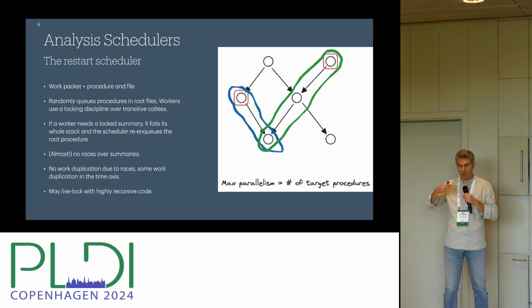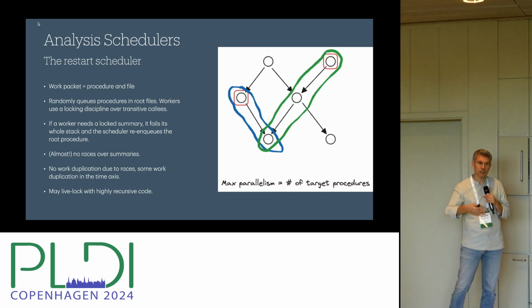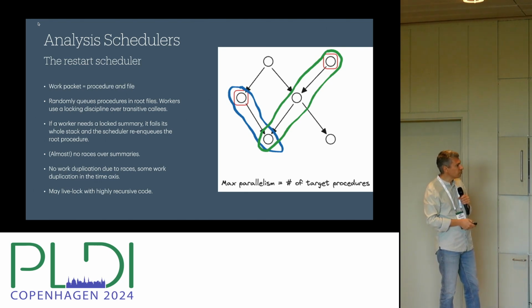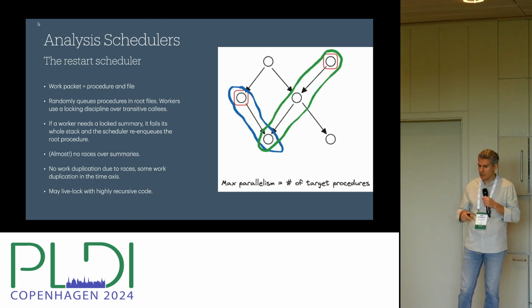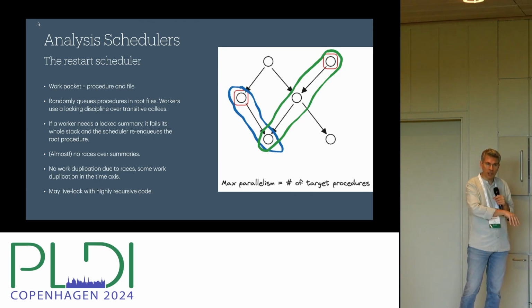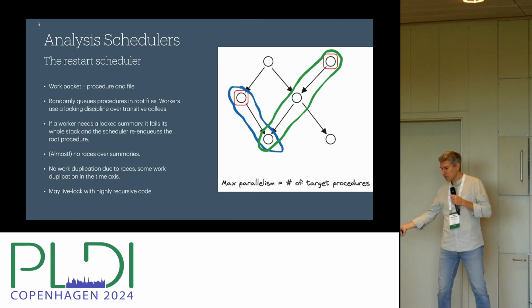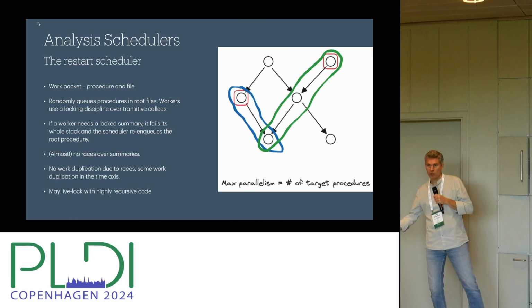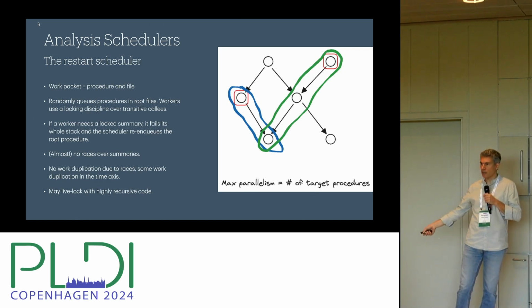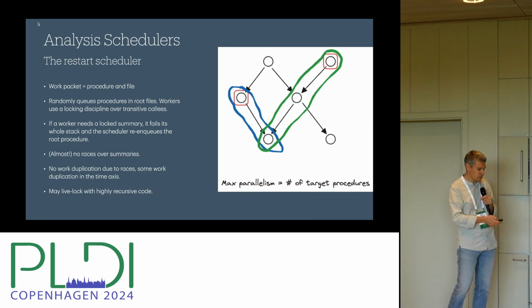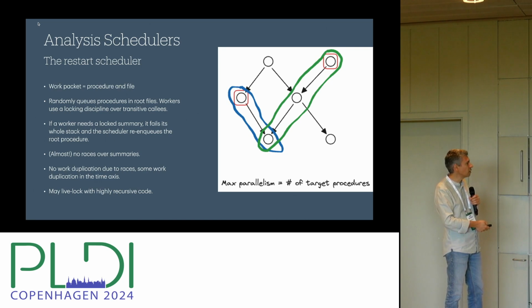So yeah, we might have a lot of restarts essentially, and possibly even livelock. There is some code to detect that, which is that basically when we send a work packet back to the scheduler, we say, okay, this is the summary I failed to take the lock of, so don't reschedule me until that has finished being analyzed, and that reduces to some degree the risk.